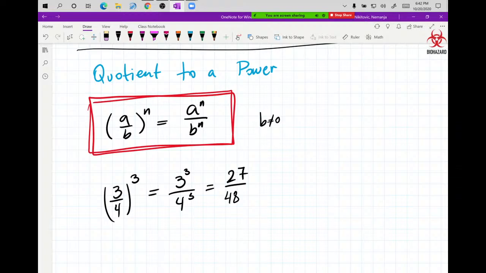So this rule tells you that you have to give the exponent to each one, to numerator and denominator. So let's take a look at some exercises to practice this.